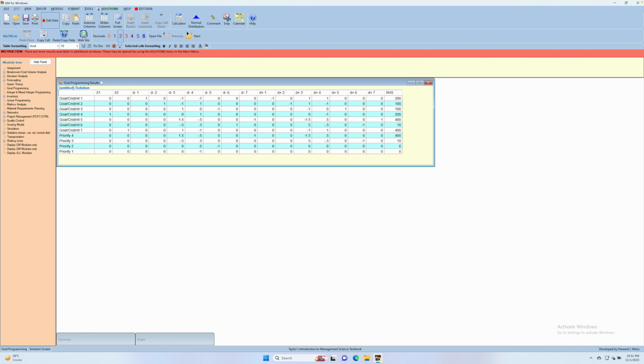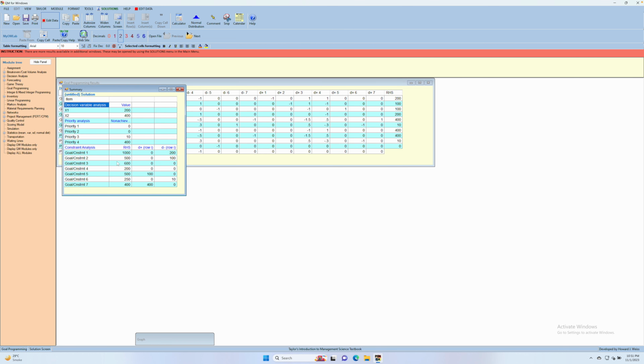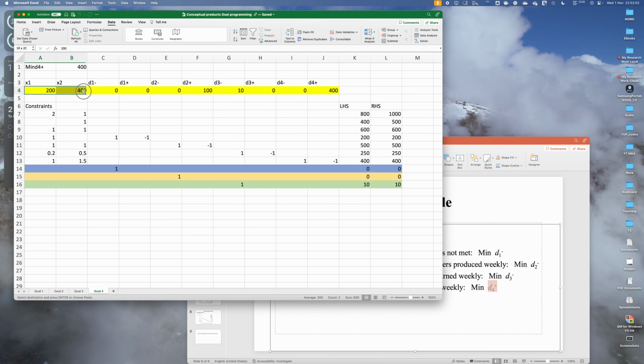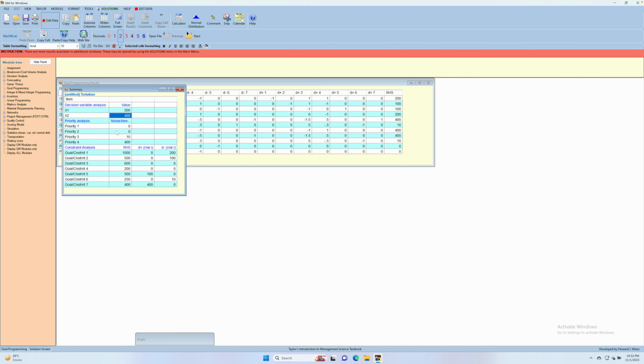Once you solve it, if you click on Summary under Solutions, or double click here, you will see the final values. The final values are 200 and 400, what we got from the Excel. For the non-achievement, priority 1 was D1 negative, so it is 0.